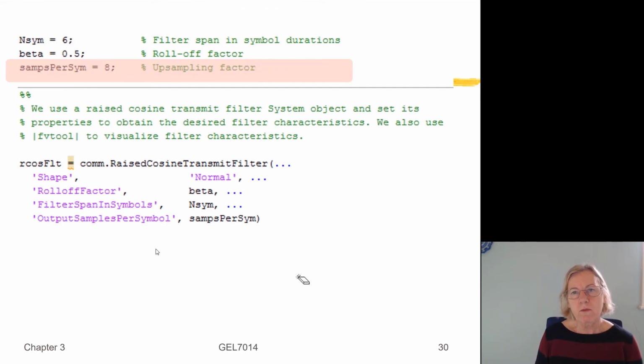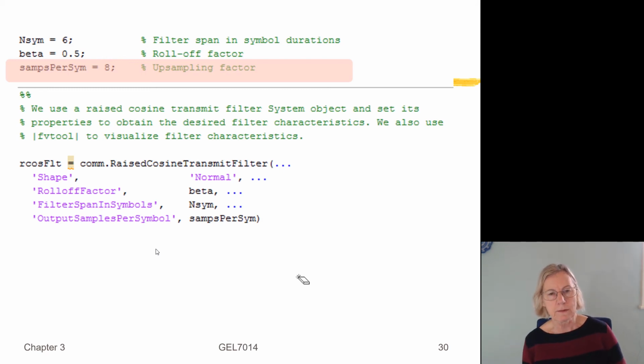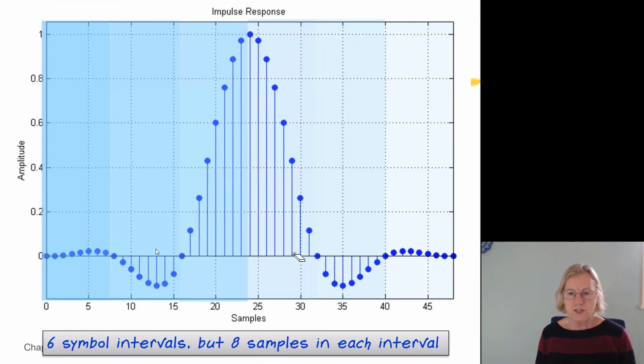Next, I'd like to talk about when we do filtering, there's a certain internal upsampling that happens inside of the filter. And it sort of gives you the resolution of the shape that you'll be creating, and that can be specified. And in here, there's a factor of 8 oversampling in this example. And so now we have 6 symbol intervals, but there are 8 samples in each one of these.